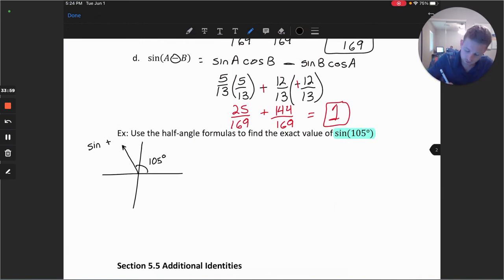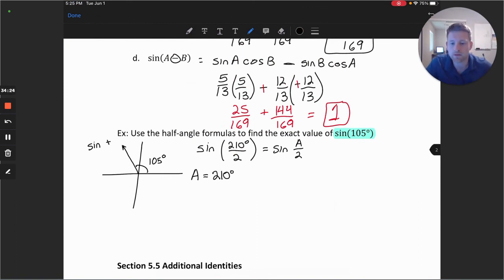So another way we can rewrite this expression is I'm taking the sine of, well, double this angle would be 210 over 2. And again, we're taking the sine of A over 2. If this is representing sine of A over 2, that A angle that we're working with is 210 degrees.